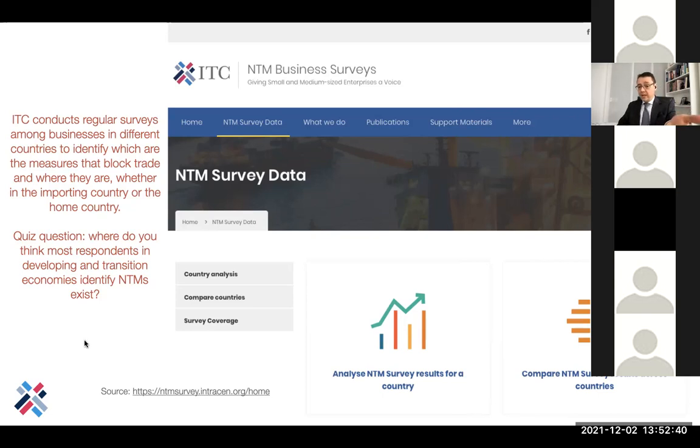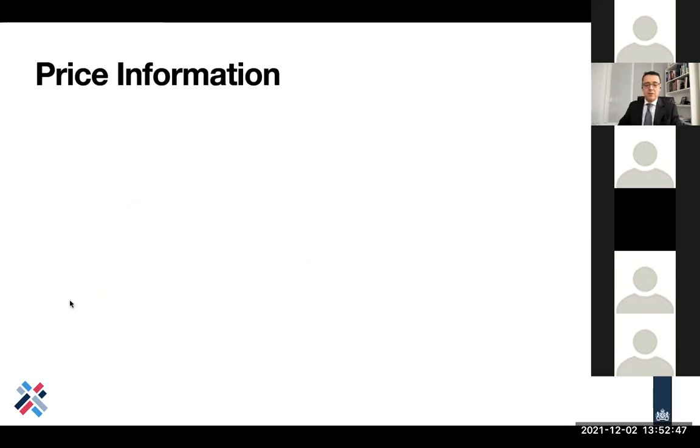But all these surveys are available, they're public, so you can go and get them on ntmsurvey.intracen.org. You get that information. Now, once you've understood barriers and standards and all these requirements, the next thing that needs to be understood so that exporters can make decisions on how to enter the market is price information.